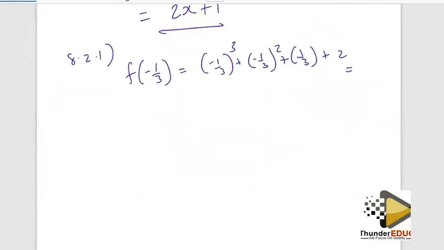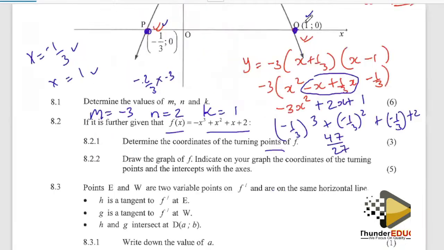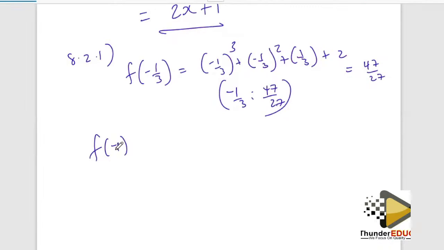So that is just the first point, 47/27, which means I have -1/3 and then 47/27. So that's the first turning point. Then I also need to look at, sorry, it's a positive 1, not negative. So we say +1, where x is a 1.